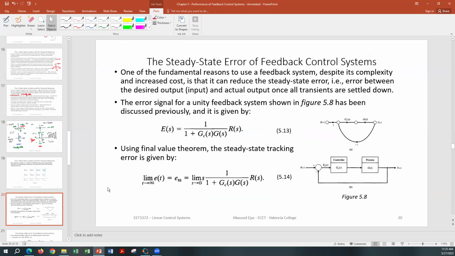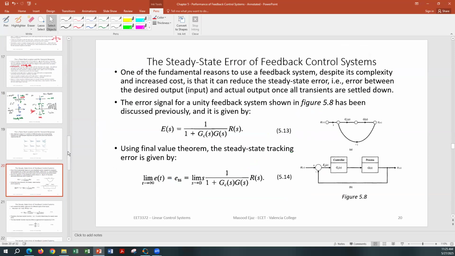Steady state error of feedback control systems. We discussed steady state error earlier. Steady state error simply is, based upon the system, 1 minus T(0), 1 minus the transfer function evaluated at s equal to 0.